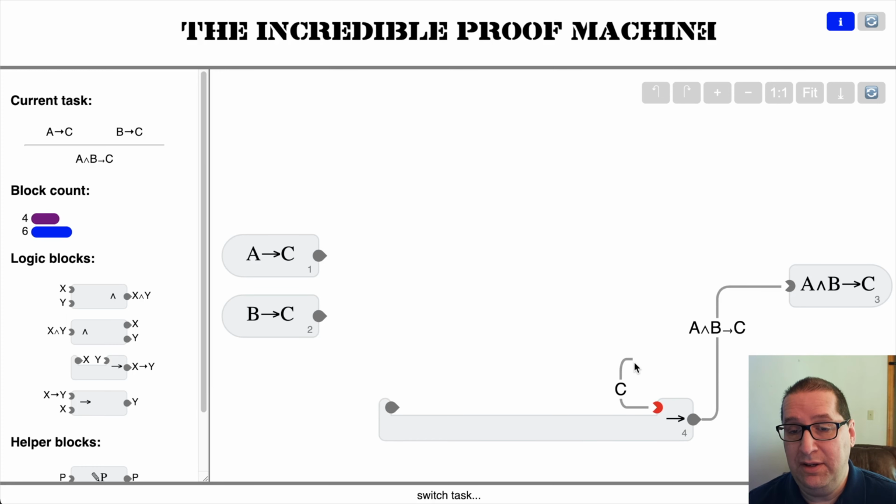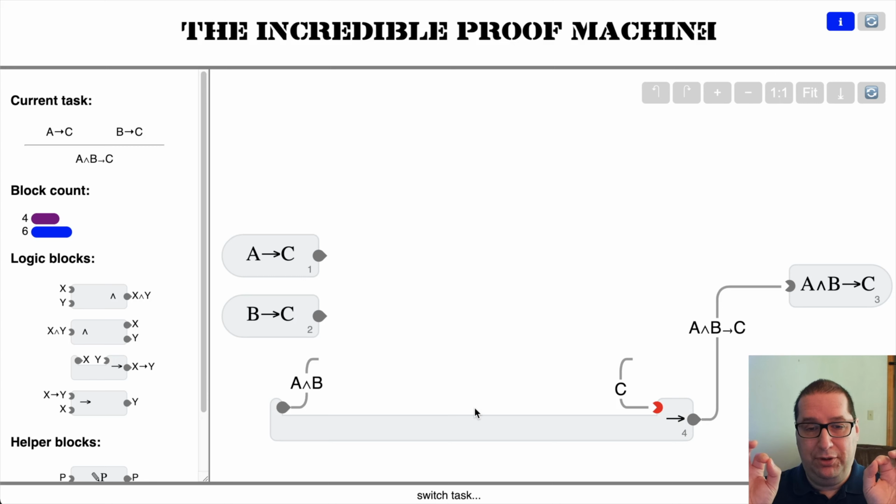And that means that I need to reach C, and it means I'm going to assume A and B. By pulling those wires out a little bit, I find it helps me think about what exactly is my goal and what is my sub-goal.